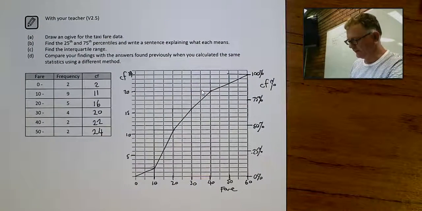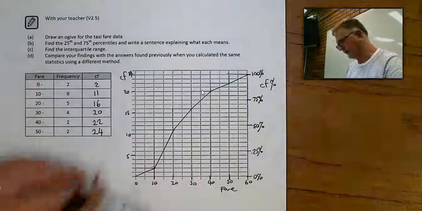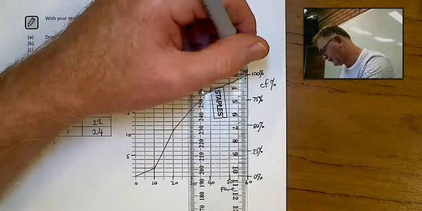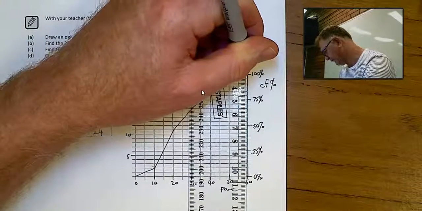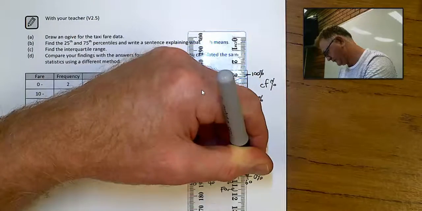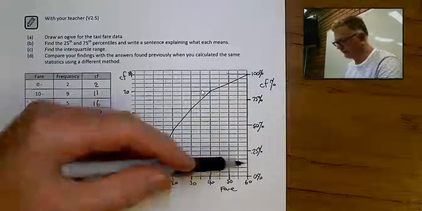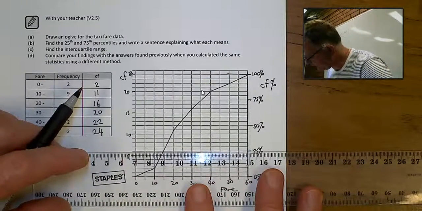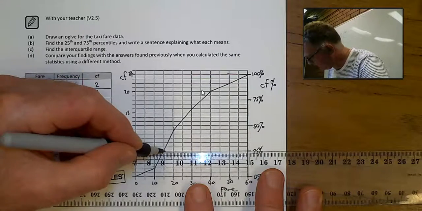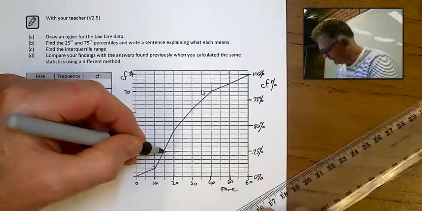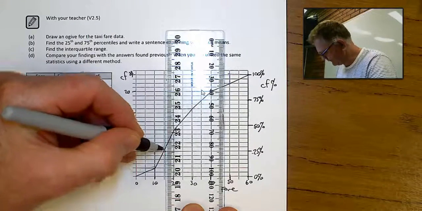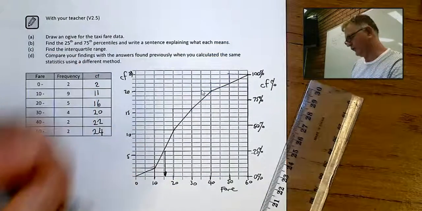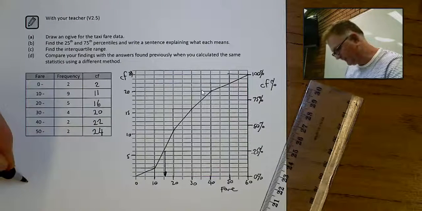Okay, now I've got a percentage axis on there, but how do I actually find the 25th percentile and the 75th percentile? Well, I go up to 25%, go across to my graph, and then go down, and I come up just a smick over 15, let's say 16.